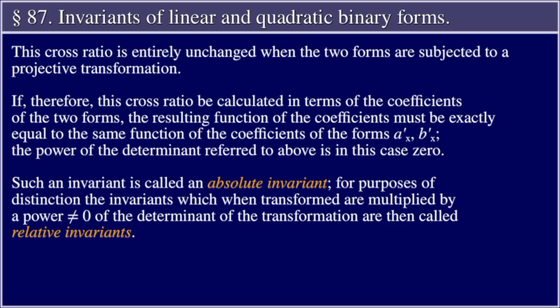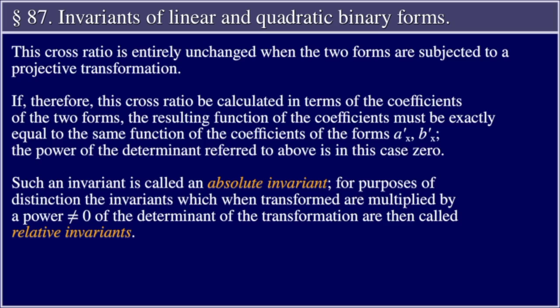This cross ratio is entirely unchanged when the two forms are subjected to a projective transformation. If, therefore, this cross ratio be calculated in terms of the coefficients of the two forms, the resulting function of the coefficients must be exactly equal to the same function of the coefficients of the forms a sub x prime, b sub x prime.